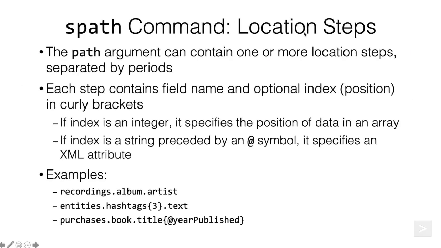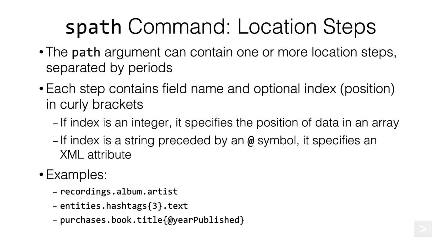But what I'm specifically referring to when I mention location steps as a value of the path argument in the spath command is the field names and their position in the XML or JSON, and the values that we'd like to extract from a position in the array using an index.